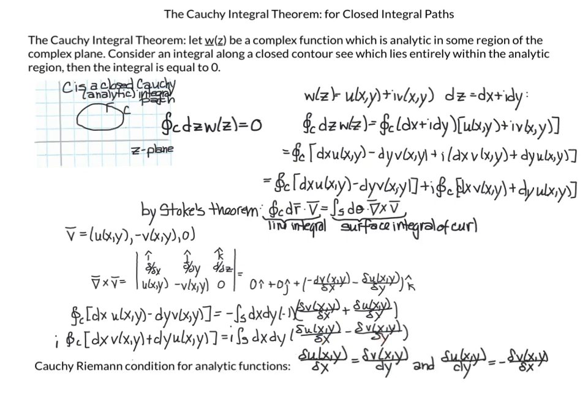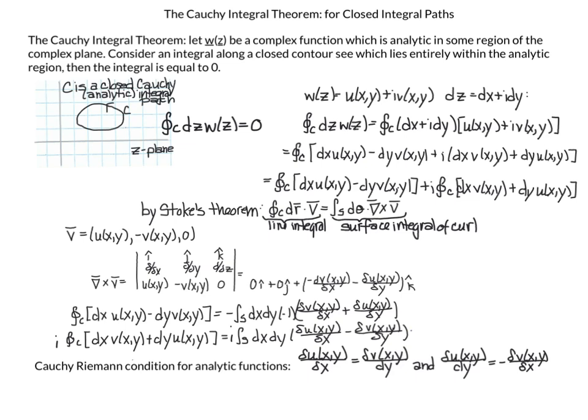And the next thing I'm going to do is use the Cauchy-Riemann conditions for analytic functions, where we see that du/dx is equal to dv/dy, which means this part here goes to 0. And we also have, am I doing this right? Yeah, du/dy is equal to negative dv/dx, which means this part over here goes to 0. So let me just put arrows.